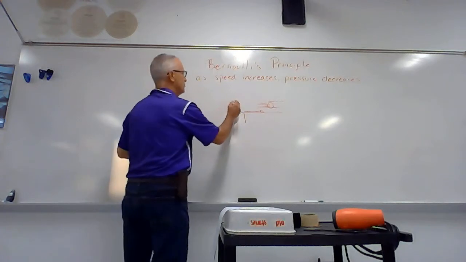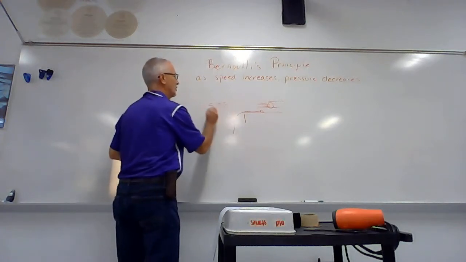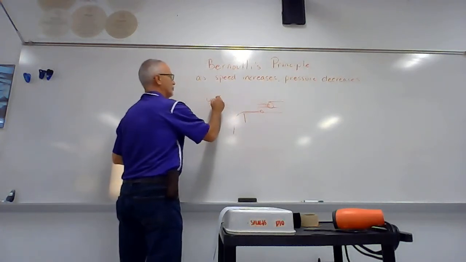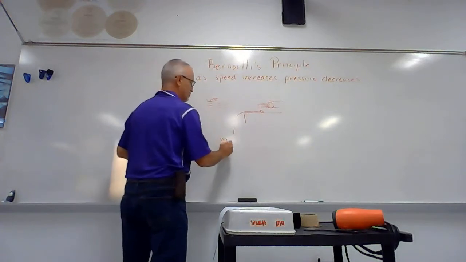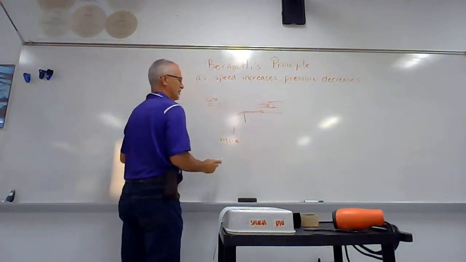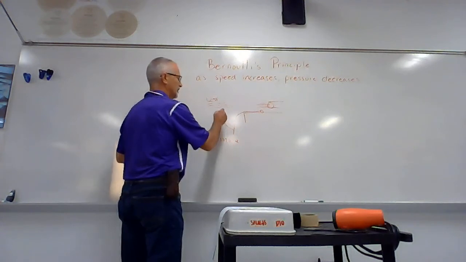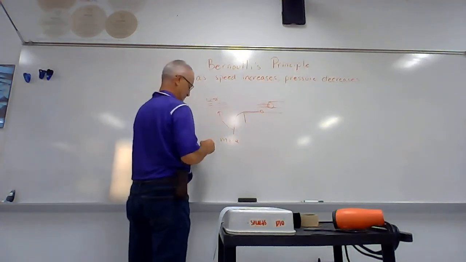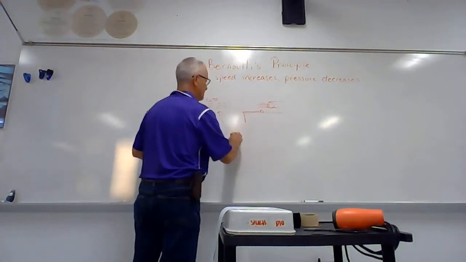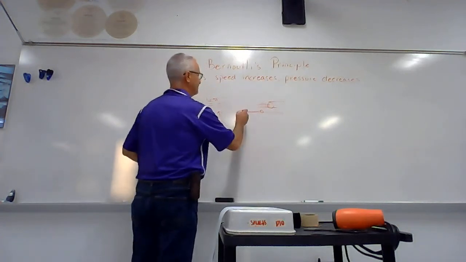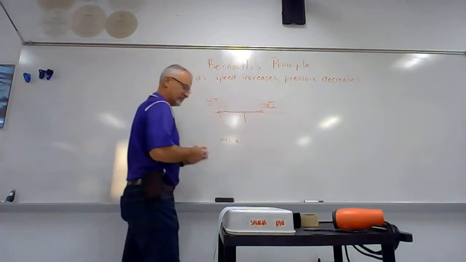Well, if this air is moving, it has less pressure and this has more pressure. So what should happen is this paper should move up and basically be flat across the top. Should go all the way across the top. So let's see.